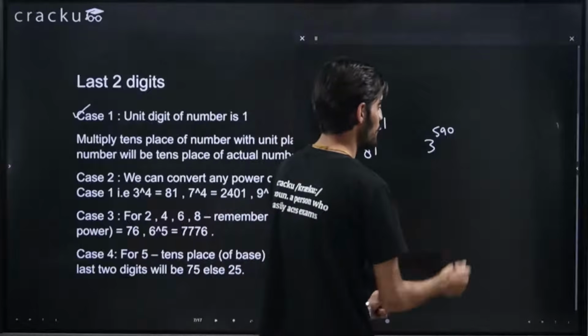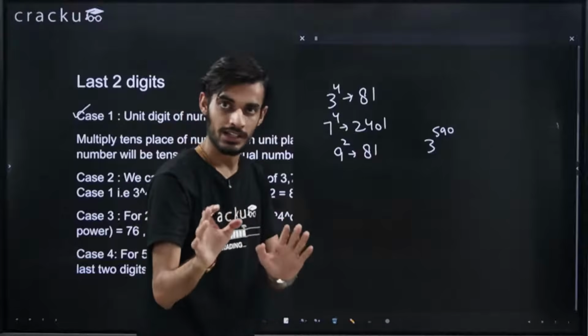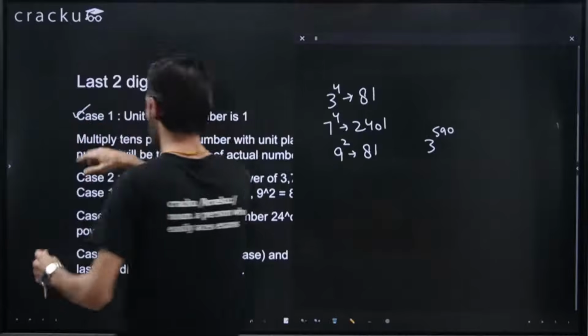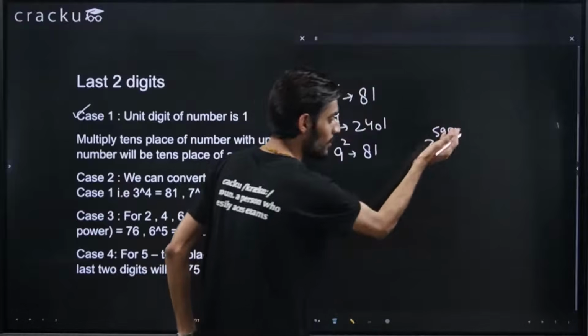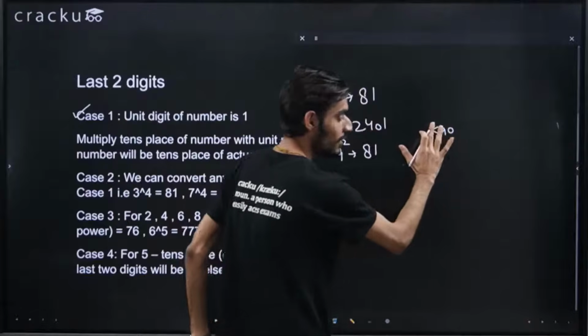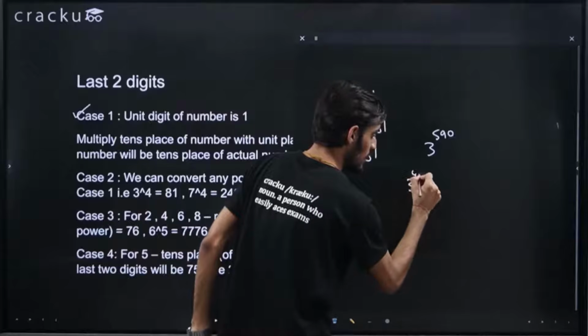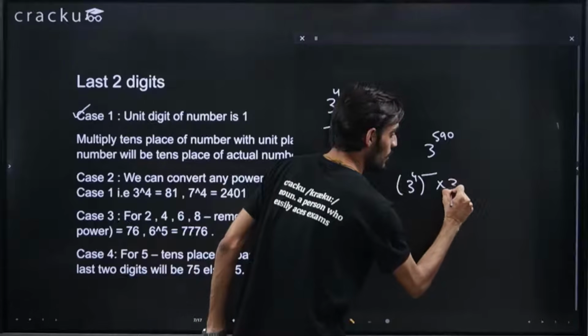Because I can convert 3 to a number that is ending in 1, then I can use my first case. So I need to convert it into 3 raised to the power 4, multiplied by the remaining value.